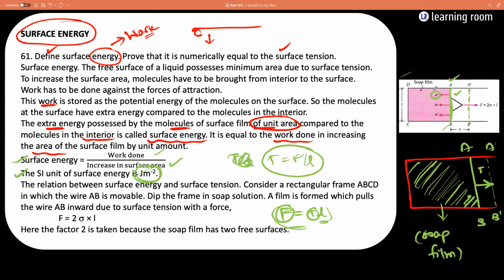But we are tying a small thread and trying to pull it out as slowly as possible so that the film has been displaced by a distance x. Then what is the amount of work done by us? Work done is equal to force into displacement, F into X, where F is this force.